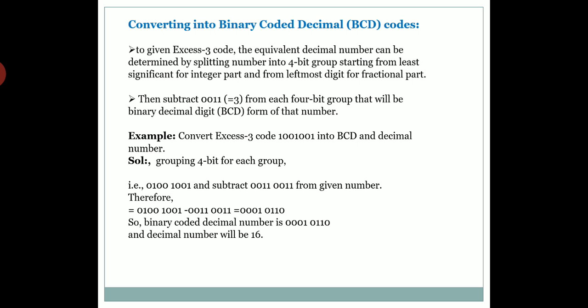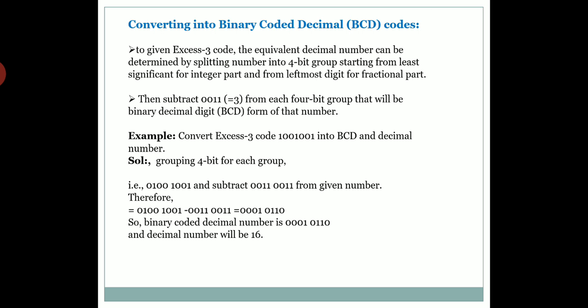Converting XS3 into binary coded decimal, BCD code. That means XS3 code is converted into BCD code. How to convert? Given an XS3 code, the equivalent decimal number can be determined by splitting the number into 4-bit groups, starting from the least significant bit for the integer part and from the leftmost digit for the fractional part.